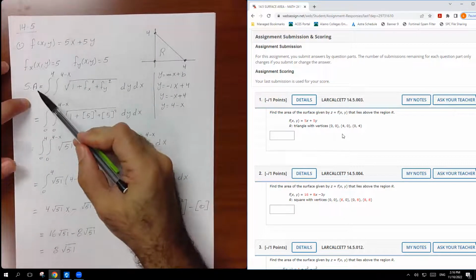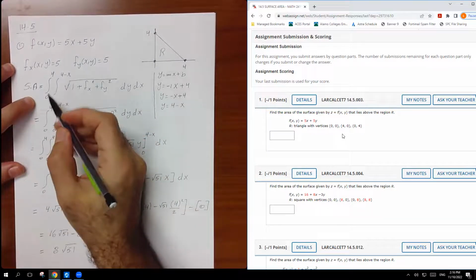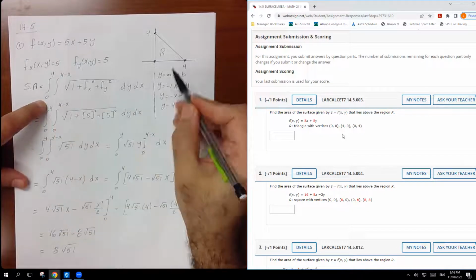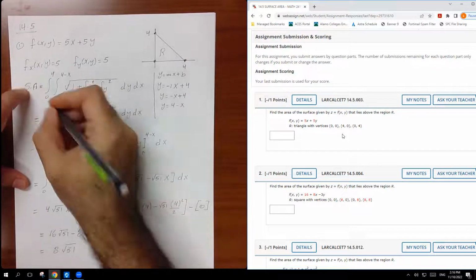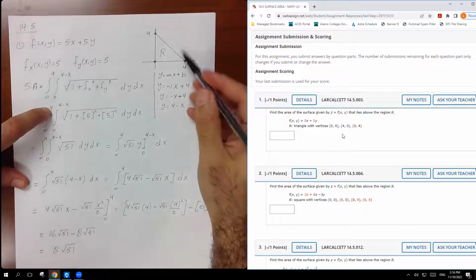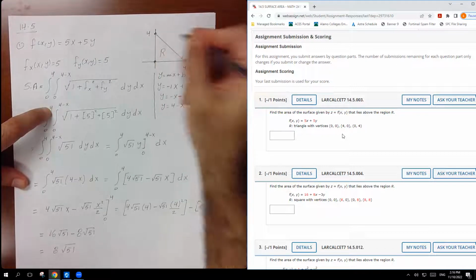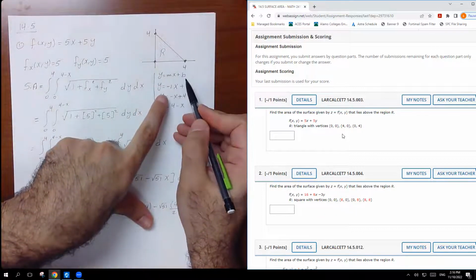We need to find the surface for this region. Now, the surface for the region is going to be the integral with x from 0 to 4, and y from 0 to this line. So first of all, how are we going to find this line? I'm going to use the slope-intercept form, y equals mx plus b.